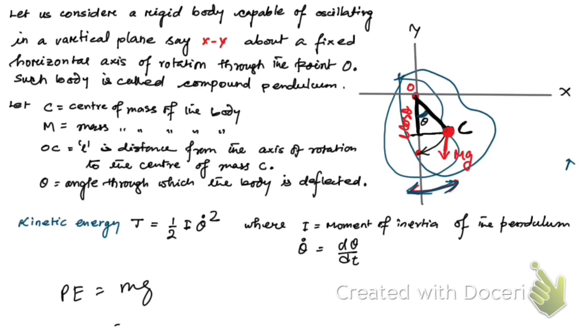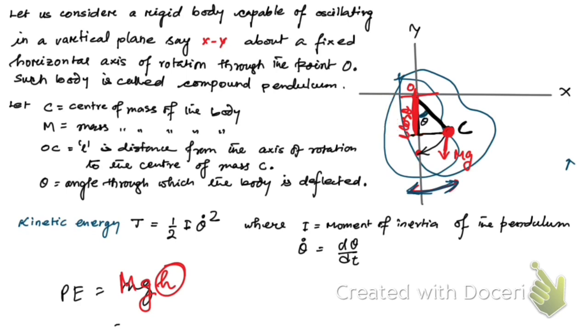Now here potential energy is mgh, so mass we have taken m, g is simply acceleration due to gravity. h is nothing but this distance below the origin to the center of mass, that is L cos theta. But as we are taking this reference point O, and this height is below this reference point, that's why we're going to take it negative.